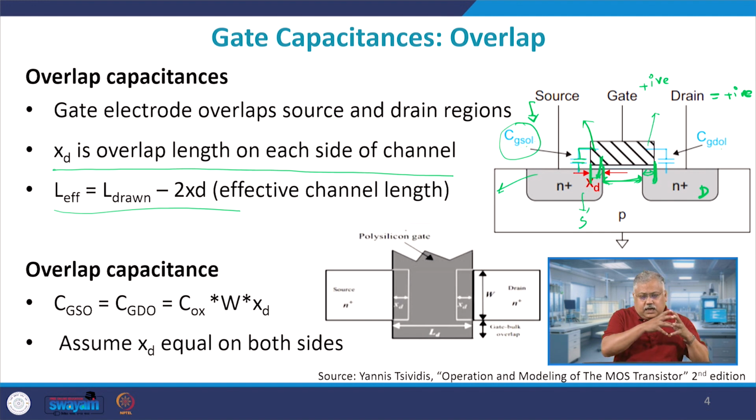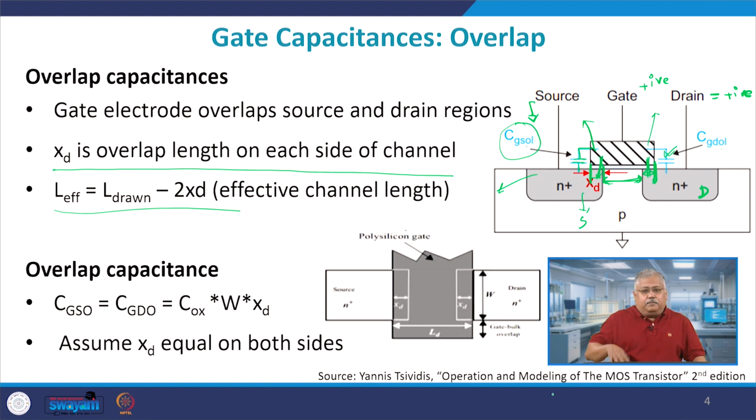So within the gate capacitance structure you will have an external overlap capacitance and an internal overlap capacitance. The internal or intrinsic one will be given through XD, and the outer one will be through these two.